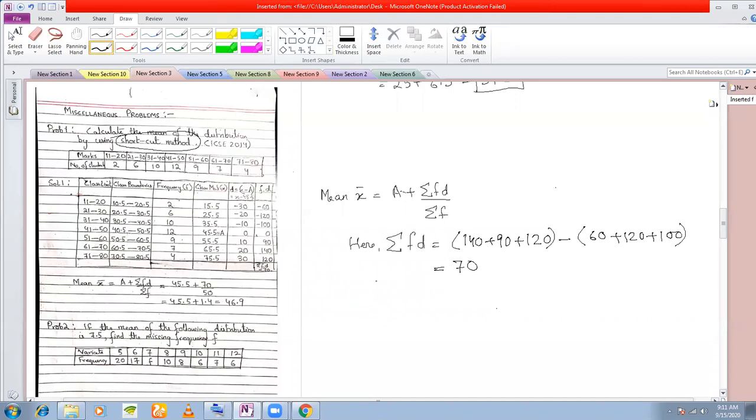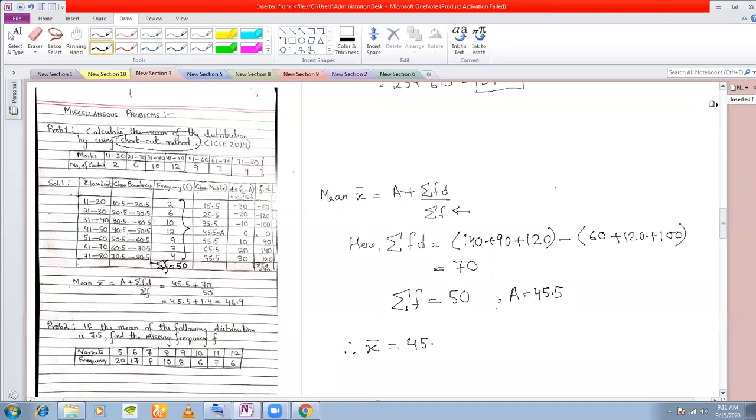So this is your summation FD. And next, because you have a summation F here, we'll take the total of the F column also. This should be your summation F, which for some reason I have not written. Summation F should be 50 if you add up. So therefore, what is x bar, the mean? A we have taken as 45.5.